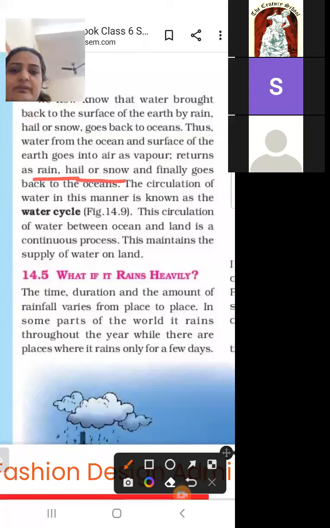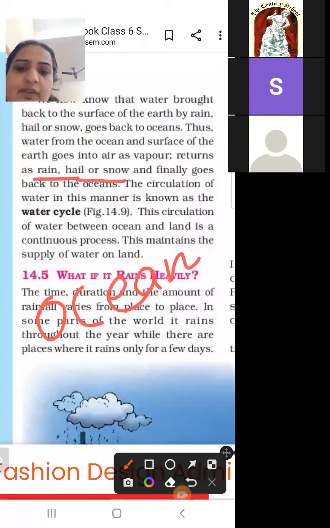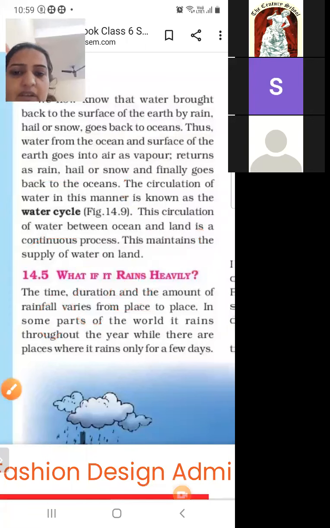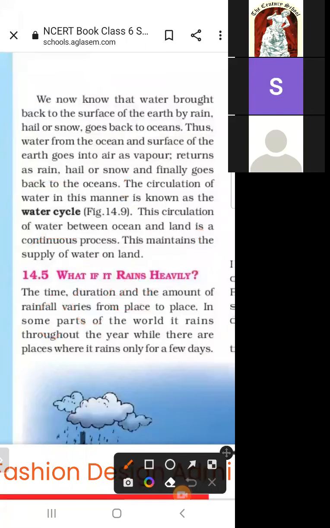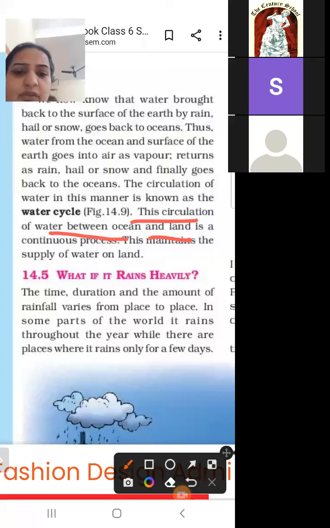And finally, it goes into the ocean. So all water goes into the ocean. And the circulation of water between ocean and land is called the water cycle.